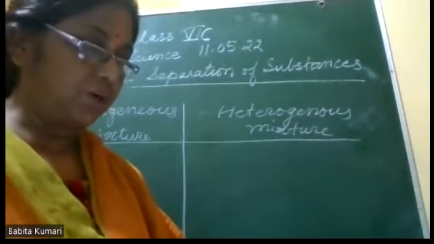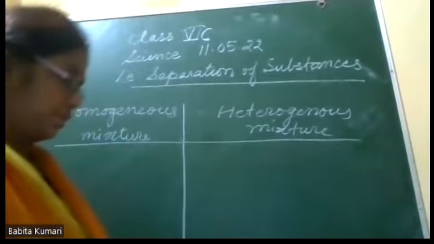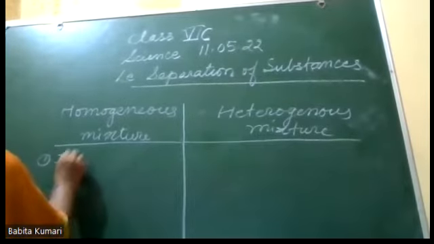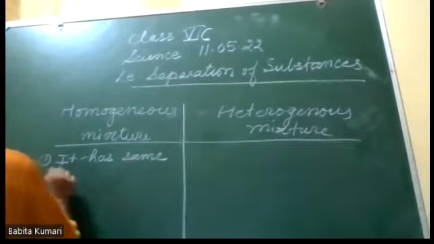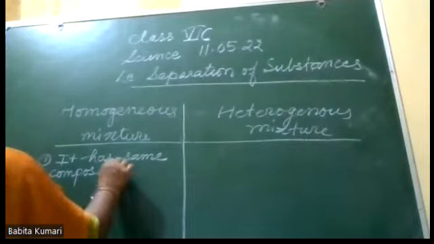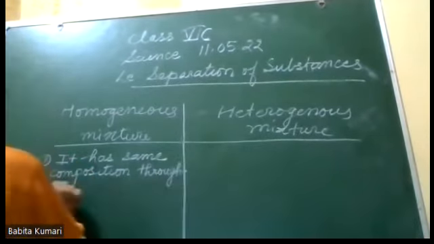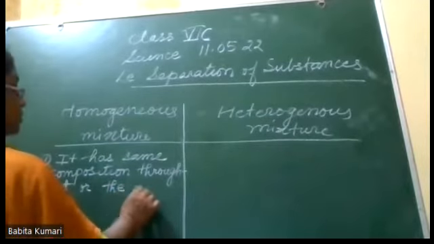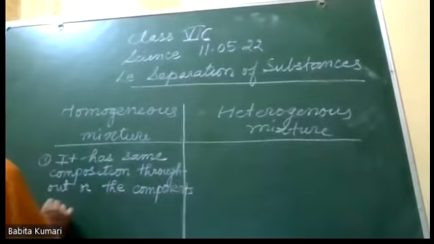That is, the components are uniformly distributed, so it has same composition throughout. The first point, it has same composition throughout, or the components are uniformly distributed.